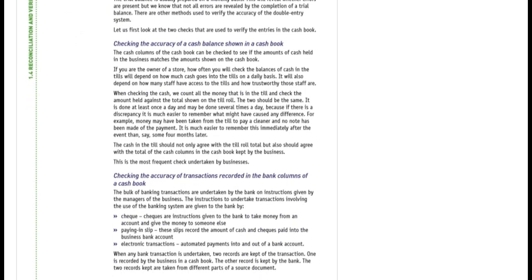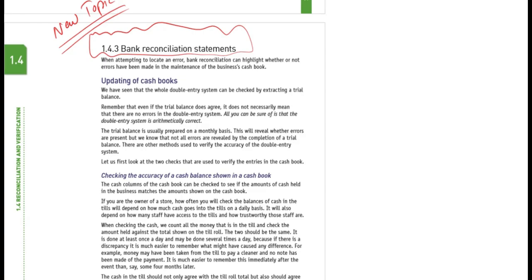In BRS, the bank reconciliation statement, we will deal with two types of accounts. The first one is the cash book, or bank book. The other name of the cash book is bank book.